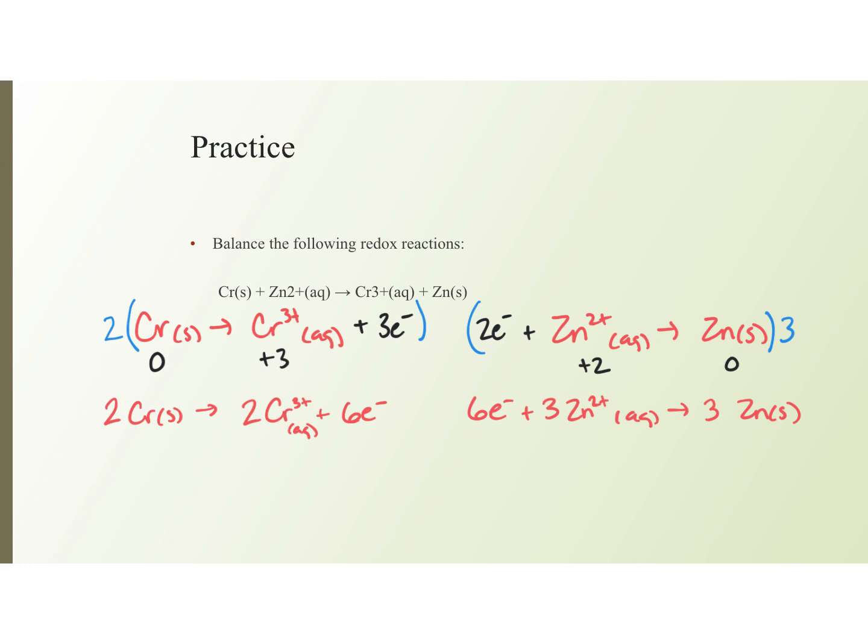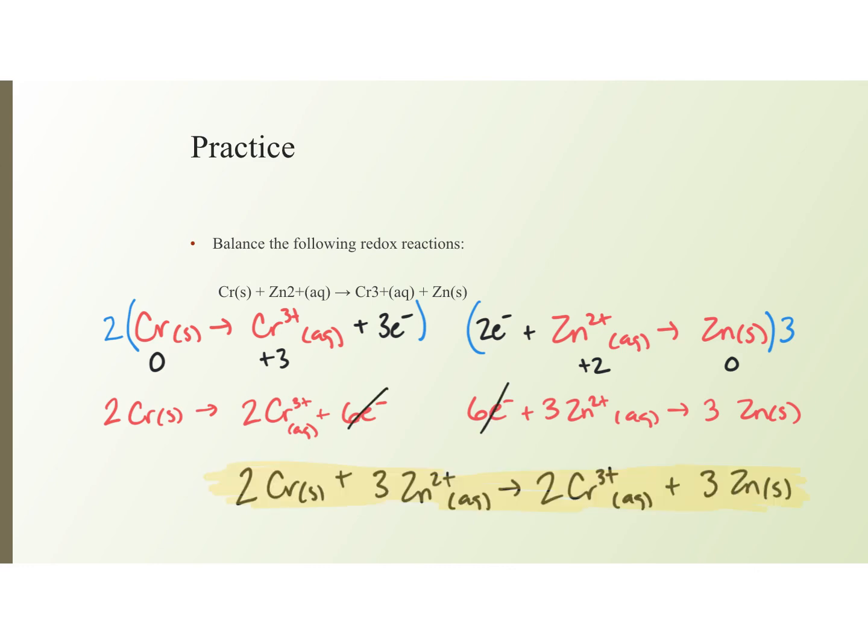So in doing so, you end up creating a total of 6 electrons transferred in the first half reaction, and 3 times 2, 6 electrons also transferred in the second half reaction. Okay, now go ahead and combine these equations and pause the video and then check your work.